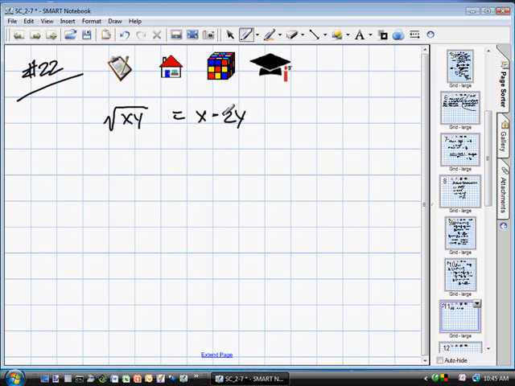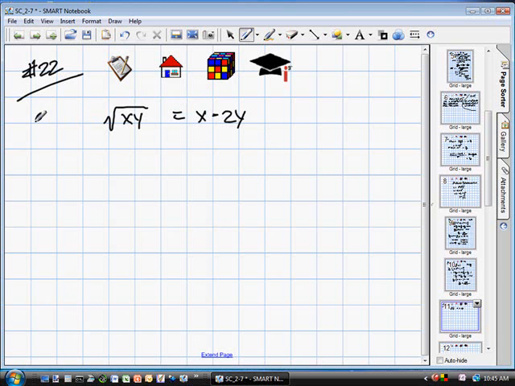The directions are find dy dx. By the way, that's what they're always going to ask you, unless it's a problem with t in it, then they might have you do it with respect to t. But you're never going to be doing dx dy. It's dy dx.